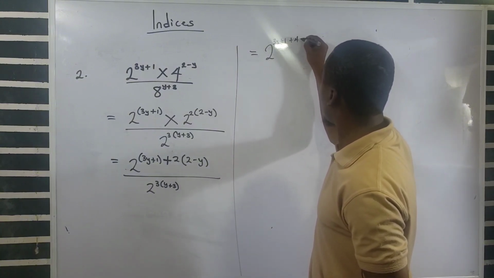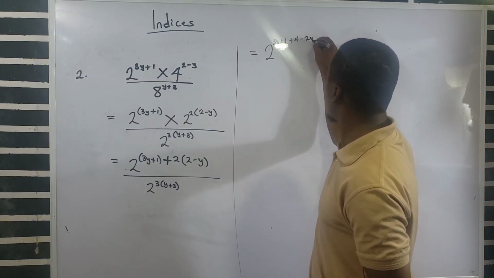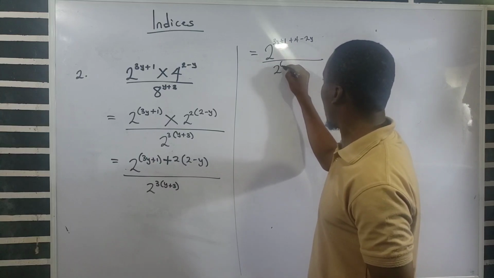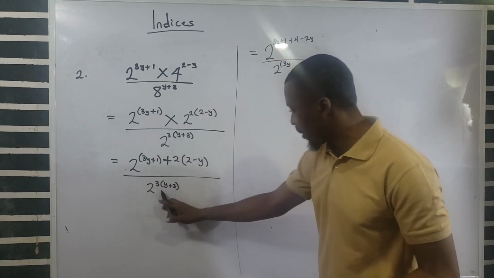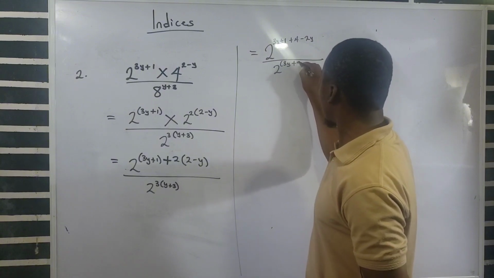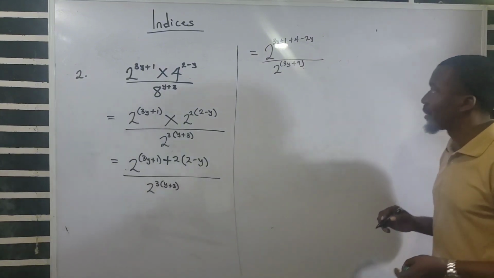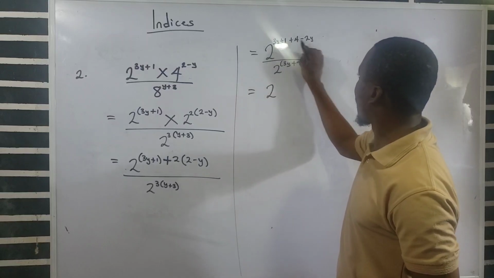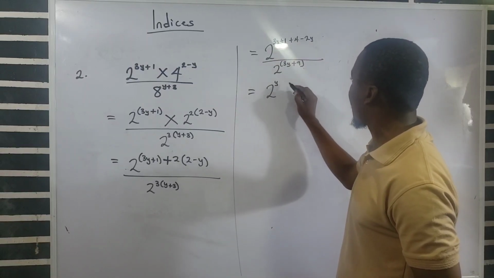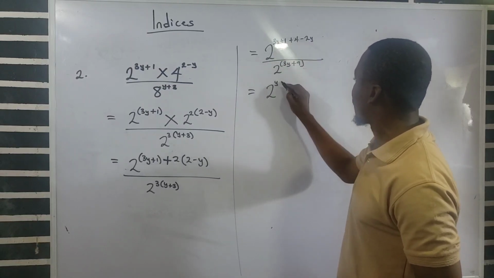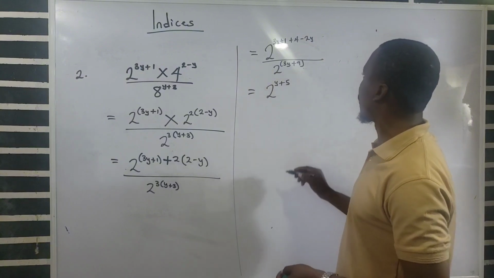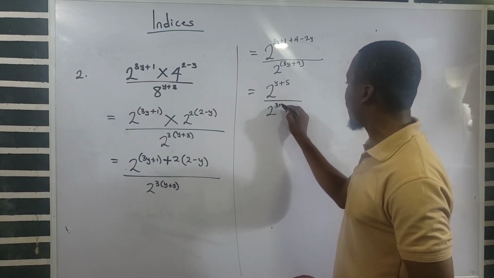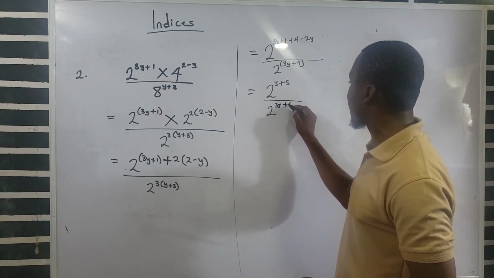I have plus 4 minus 2y all over 2 into 3y, I'm opening this bracket here, plus 9. Okay, so that will give us 2 into 3y minus 2y will give me y. Then this and this will give me plus 5. Okay, all over 2 into 3y plus 9.